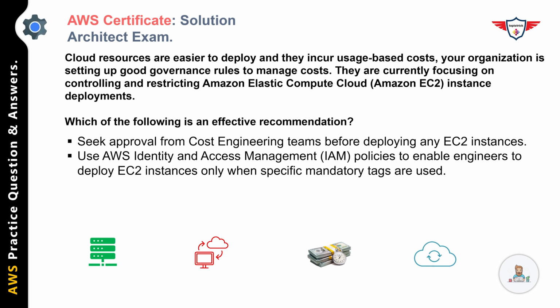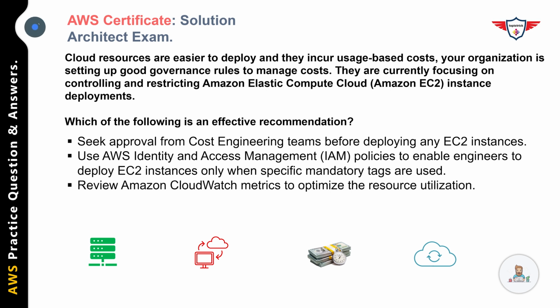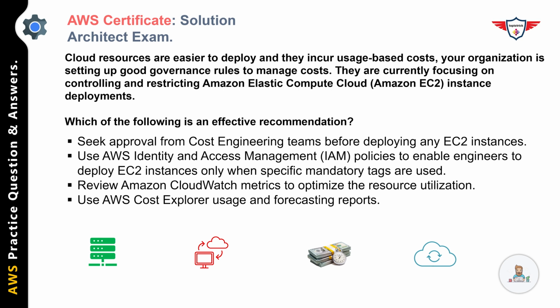First option is seek approval from the cost engineering team before deploying any EC2 instance. Second, use AWS Identity and Access Management policies to enable engineers to deploy EC2 instances only when specific mandatory tags are used. Third, review Amazon CloudWatch metrics to optimize resource utilization. And the last one is use AWS Cost Explorer usage and forecasting reports.